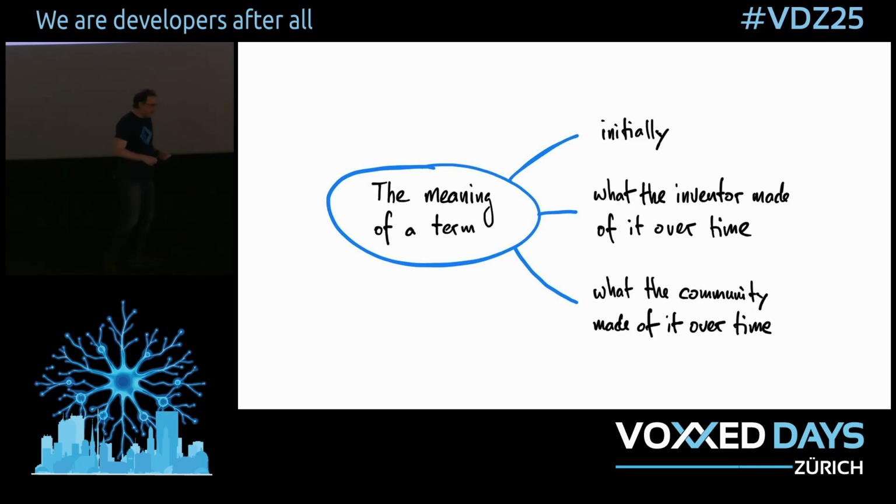As an example, I'm using BDD, Behavior Driven Development. It started out with Dan North inventing BDD because he thought developers don't like tests. So let's replace the word test with behavior. So instead of test-driven development, we have behavior-driven development. And that got some traction, and he improved it.